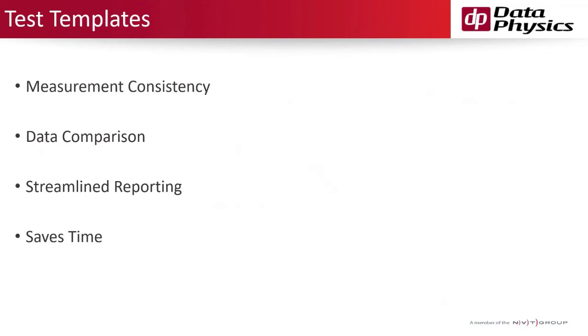If you were performing the tests in different test sites, or taking data on different structures, or you're in a production environment where you have to run these tests again and again, test templates is the way to go. Let's quickly switch to the 900 software and let's see how easy it is to create test templates.